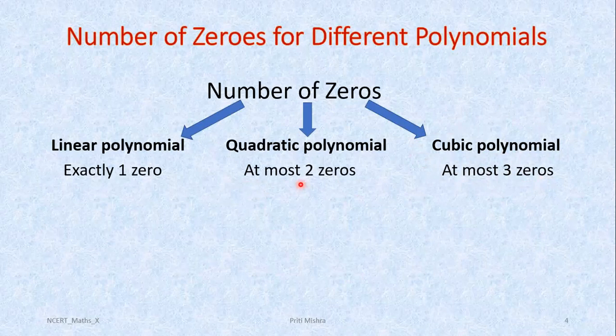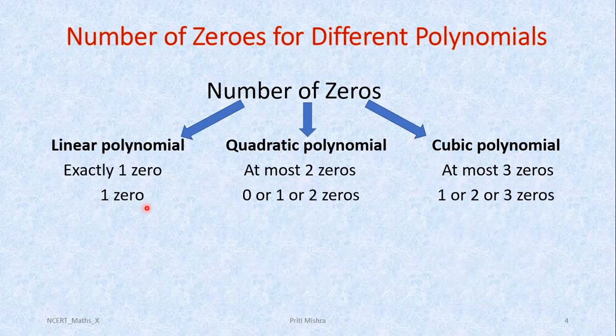Now, when I am saying at most, what does it mean? Once again, let's find out. For a linear polynomial, 1 zero will always be there for any kind of linear polynomial. And for a quadratic polynomial, the number of zeros can be 0, meaning no zero. There can be such quadratic polynomials which have no zero, right?